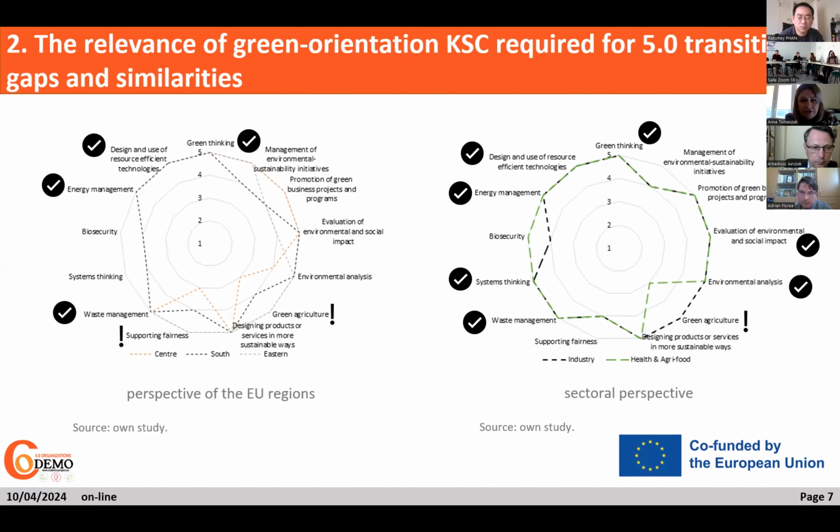Green agriculture had a different meaning according to the perspective of European regions and sectors, and additionally, in the case of European regions, supporting fairness had a different meaning. It wasn't very important because there are ratings of 3, 4, and 5. So every region has a different meaning of these factors.